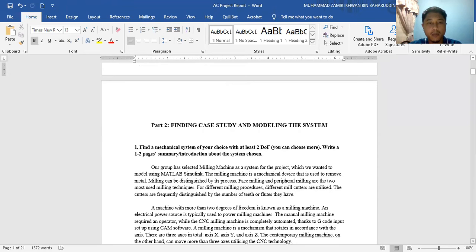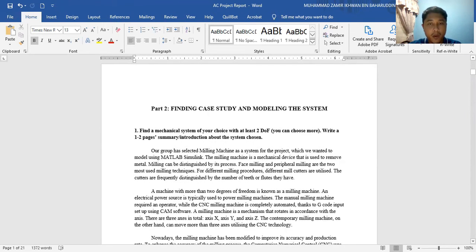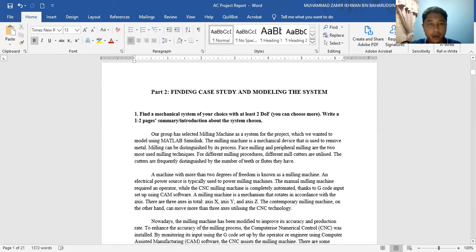Part 2 is finding a case study and modeling the system. Our group has selected the milling machine as the system for the project, which we want to model using MATLAB Simulink. The milling machine is a mechanical device that is used to remove metal.